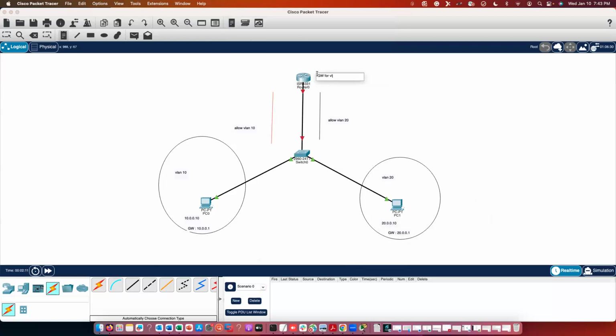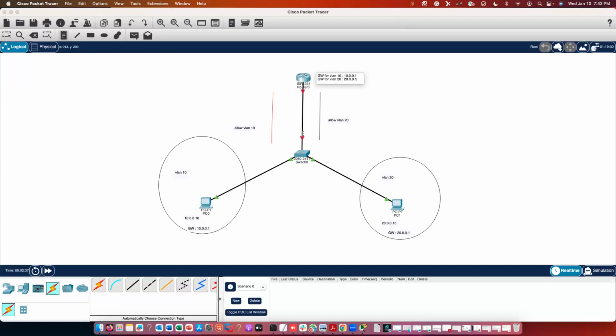Gateway for VLAN 10, 10.0.0.1, gateway for VLAN 20, 20.0.0.1. Okay, so now for the intercommunication to happen, PC0 should be going to switch 0.